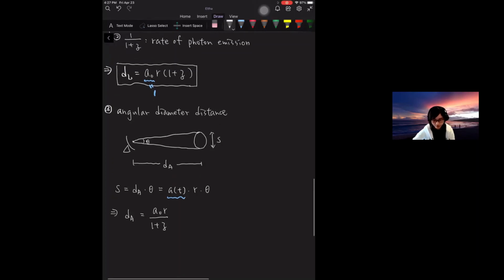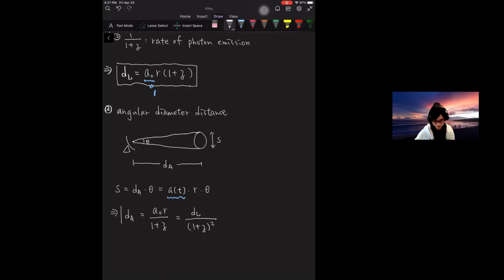And if we compare this with the luminosity distance, we will see that the angular diameter distance is not equal to the luminosity distance. It is the luminosity distance divided by 1 plus z squared.